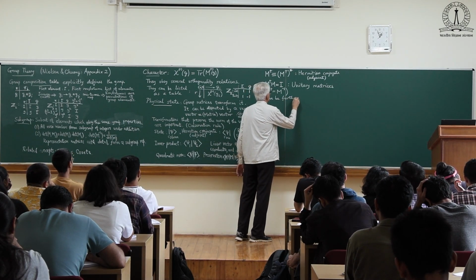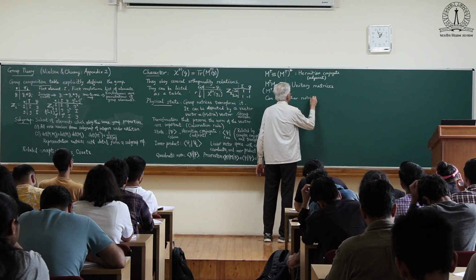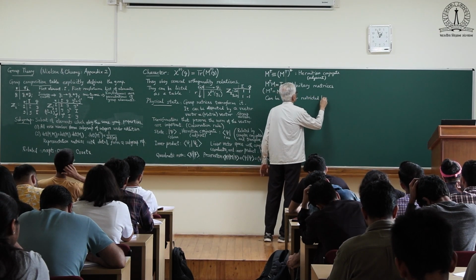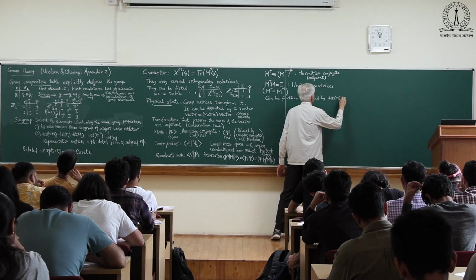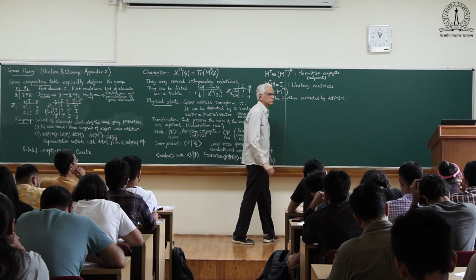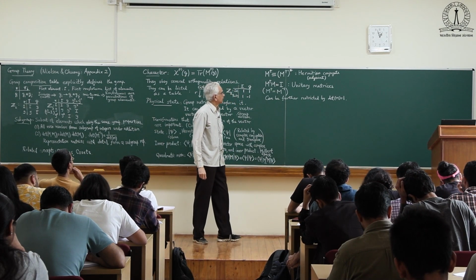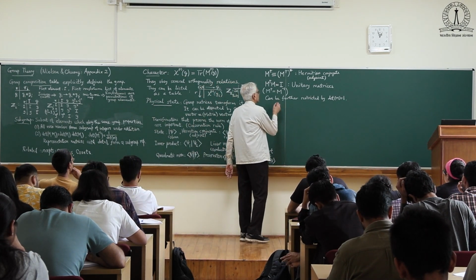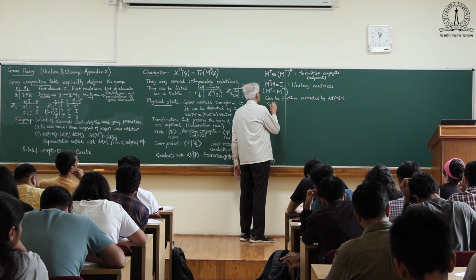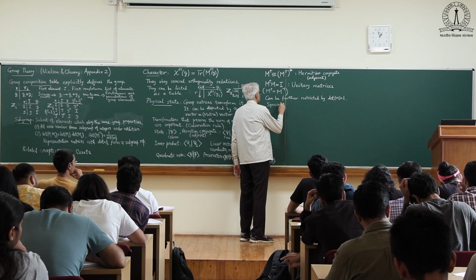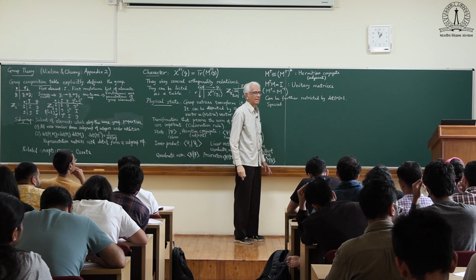Because it is going to be a subgroup anyway, and then they are called special. Special just means that the determinant is equal to 1.